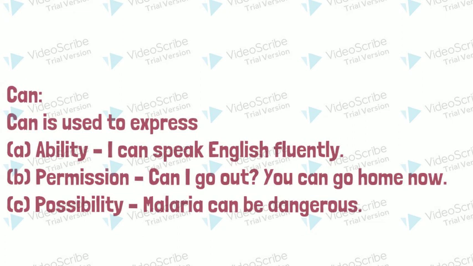Next, permission. If you need to grant any permission, you can use can. Can I go out? Yeah, you can go out. If you ask a question like this, they will answer like this. Then, possibility. Malaria can be dangerous. This is a possibility. You can also use can be like this.